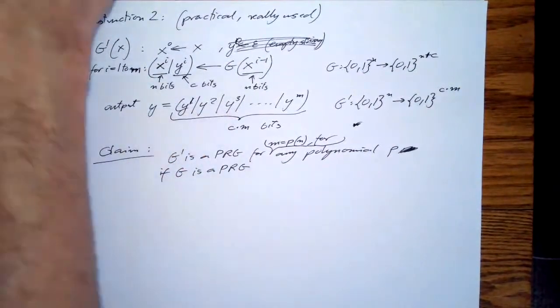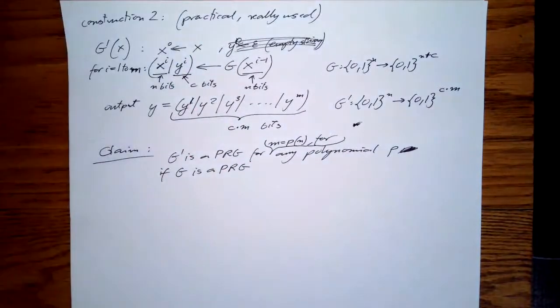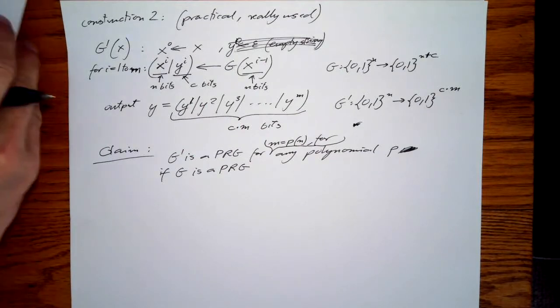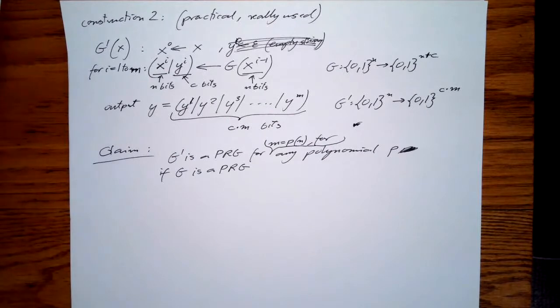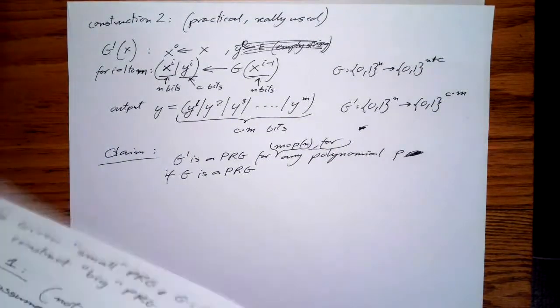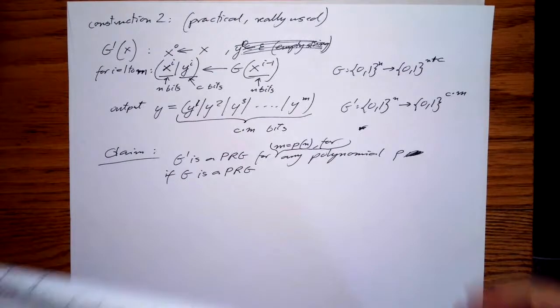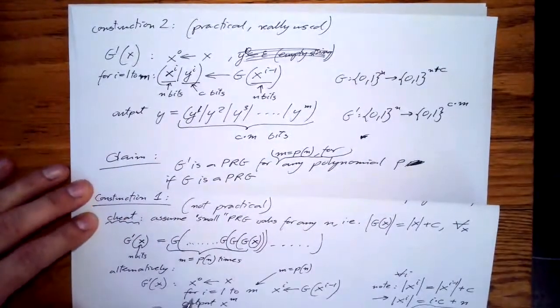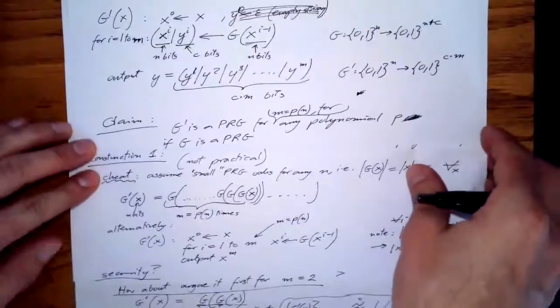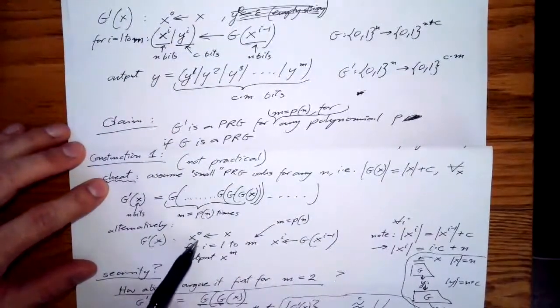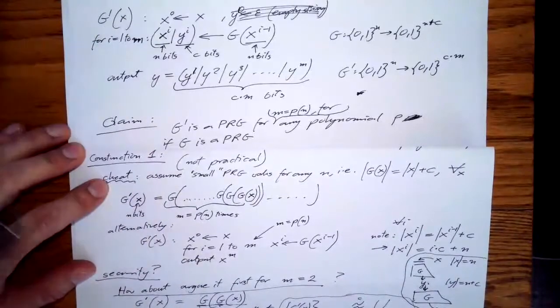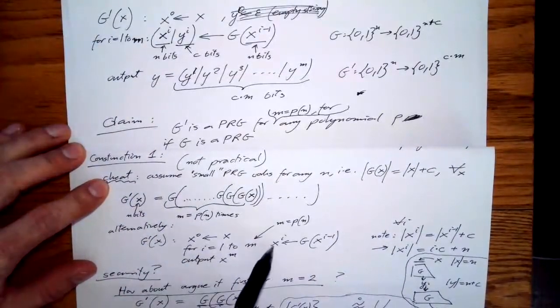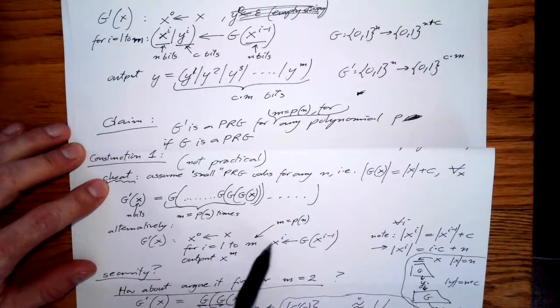What's the difference between these two constructions? A tiny difference, but that tiny difference matters a lot in practice. Where is the code for the other one, the first G construction? It set the seed the same way at the beginning, but treated the whole output as the new seed.